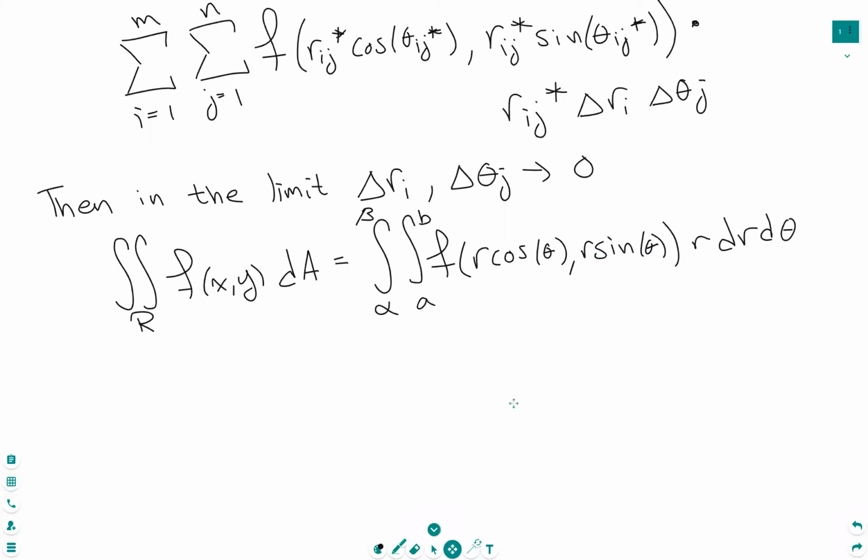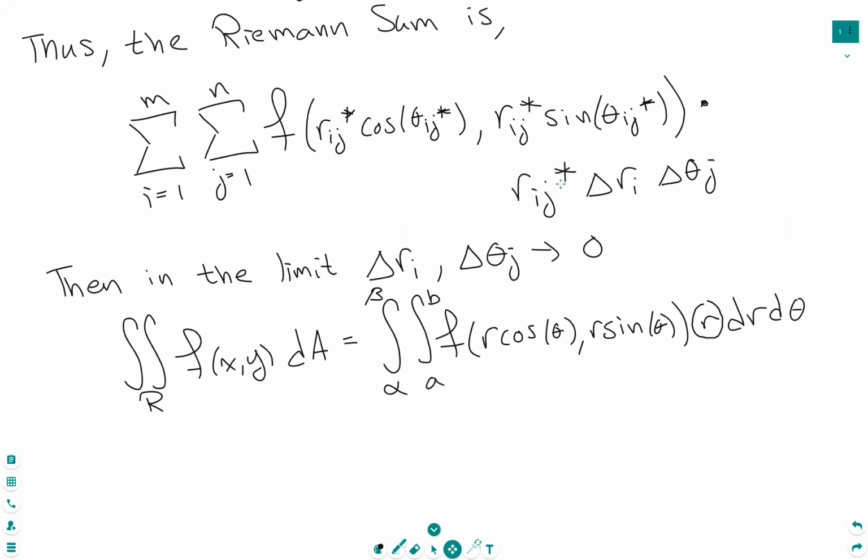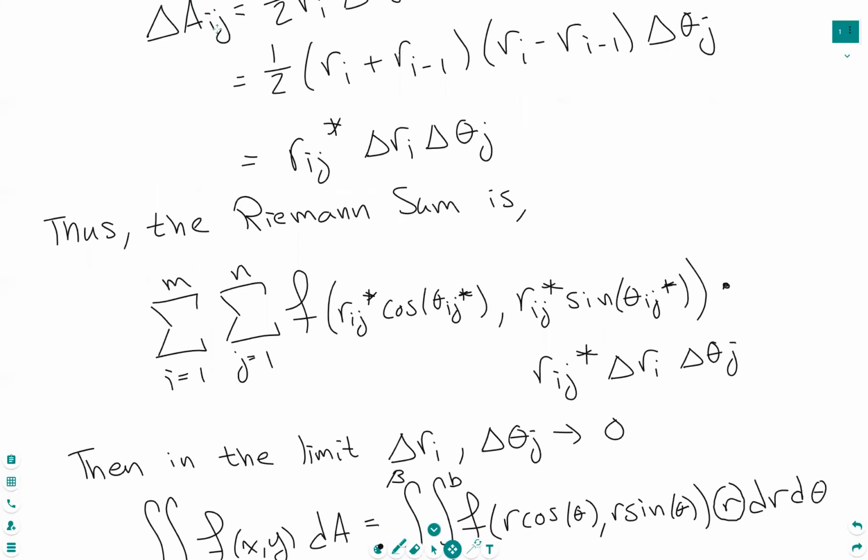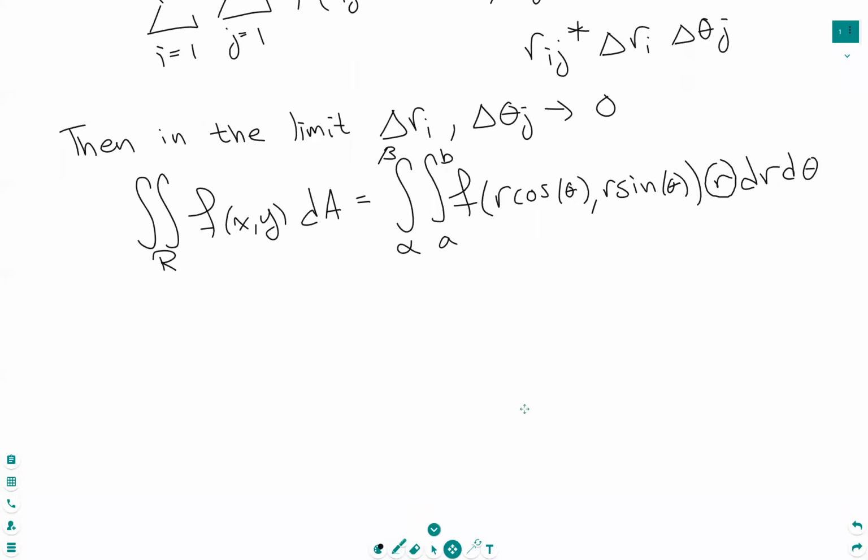There's a big difference here. We've got this term that just kind of showed up. This r that's just floating here, right? It's just some extra r, and that came from this r right here that came from our area term. Our area term had this extra r that was just kind of floating there.